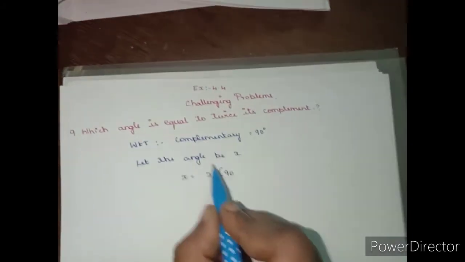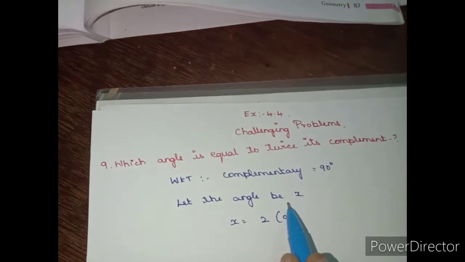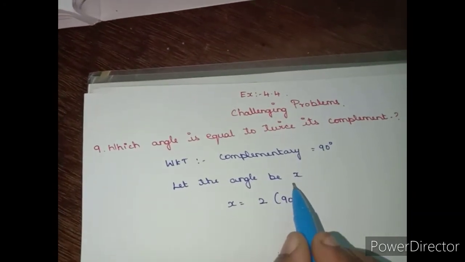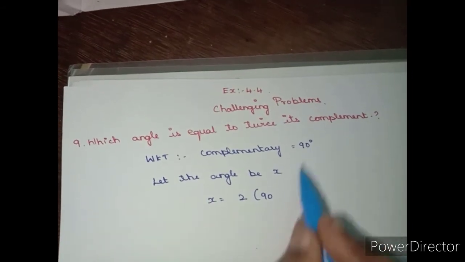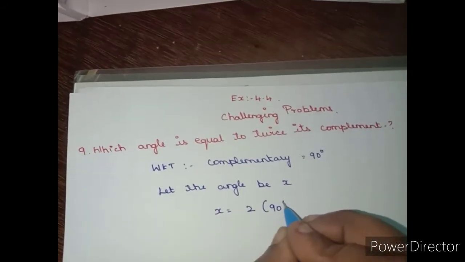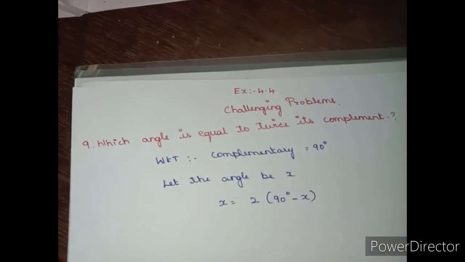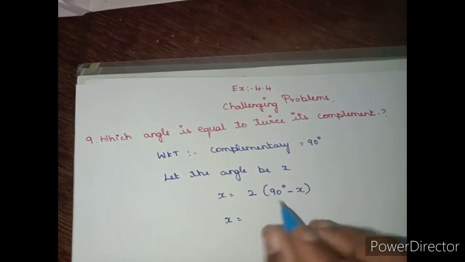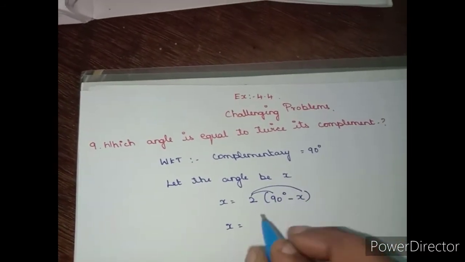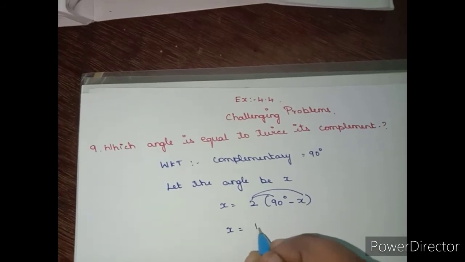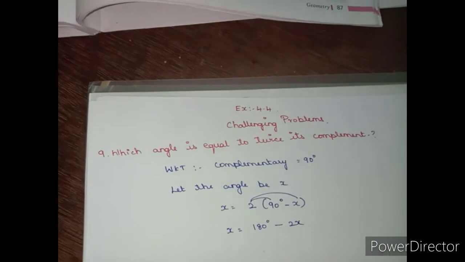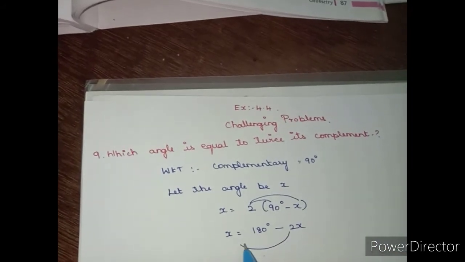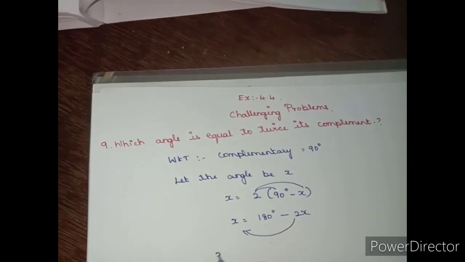Subtracting this angle, we are already considering the angle to be found is x. So 2 times of the angle, so 90 degrees minus x. So x is equal to, we have to multiply 2 into 90, 180, 2 into x, 2x. Now we are taking this 2x to the opposite side.